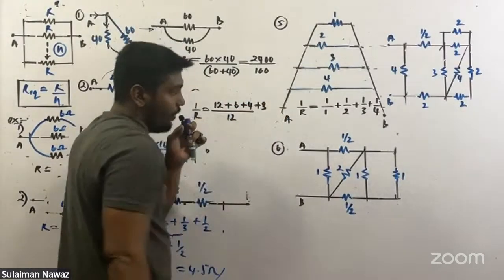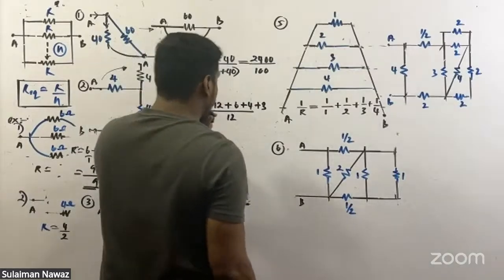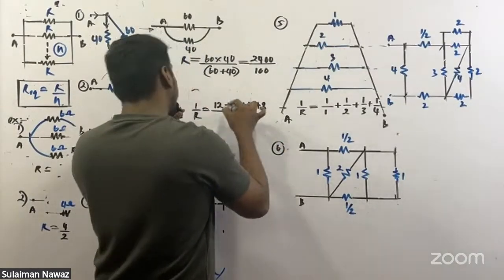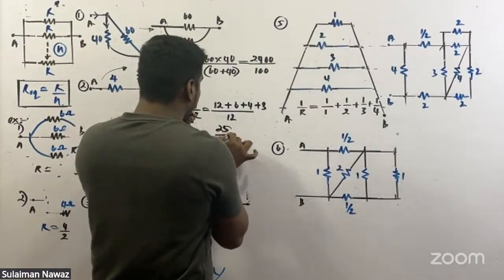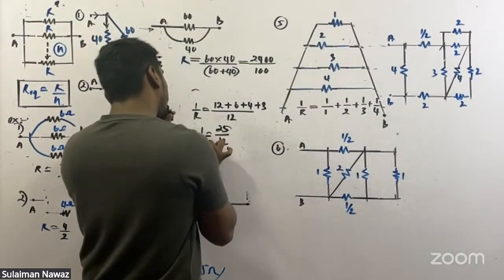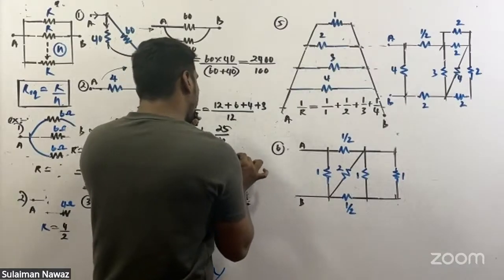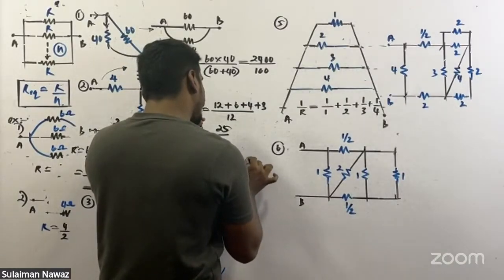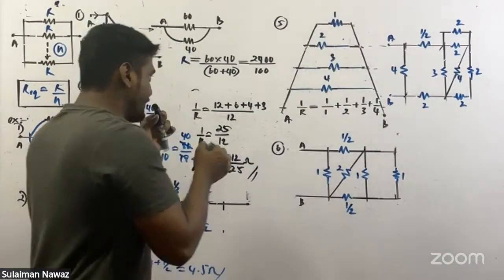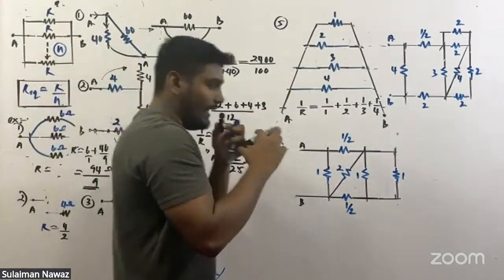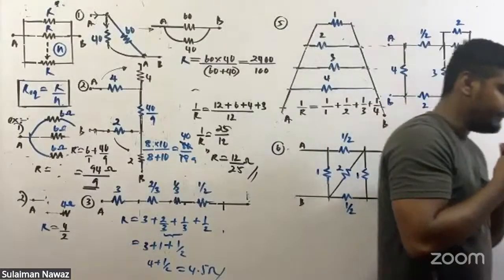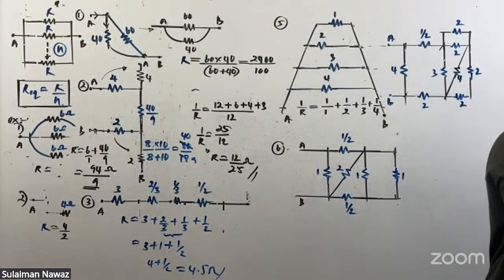If I'm wrong, tell me. Then 12 plus 6 means 18, plus 4, 22, plus 3 means 25 over 12 is 1 over R. Your R going to be 12 over 25 ohms. And so up to now, we have done 5 questions. Up to now, everything is very clear.